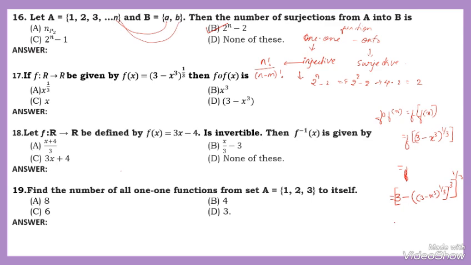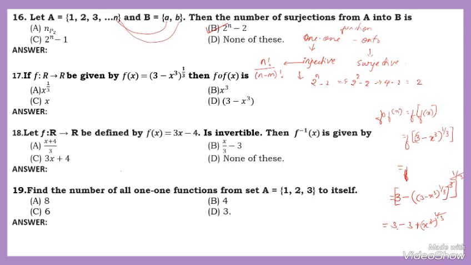Now simplify this. The power 1 by 3 and the cube get cancelled. Opening the bracket, 3 minus 3, and minus into minus becomes plus x cube, whole to the power 1 by 3.